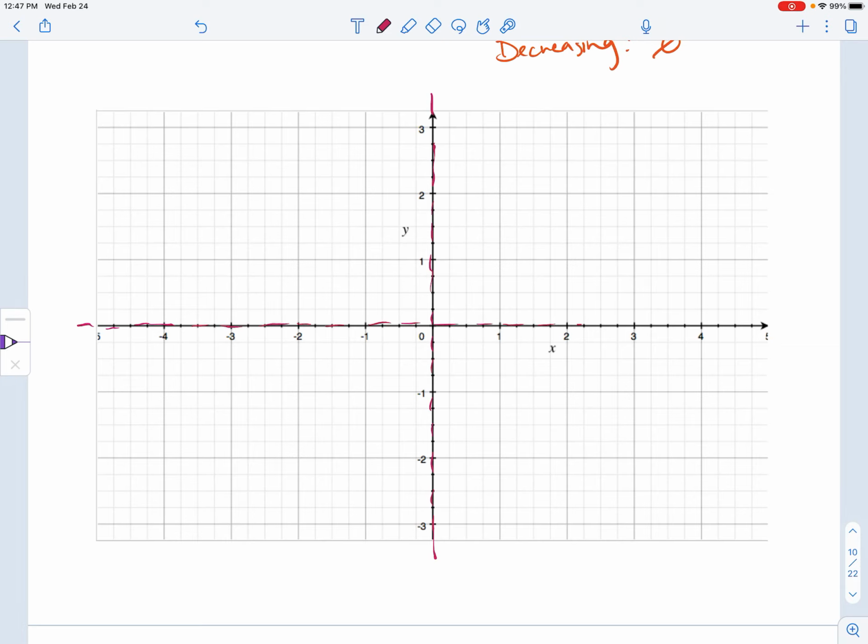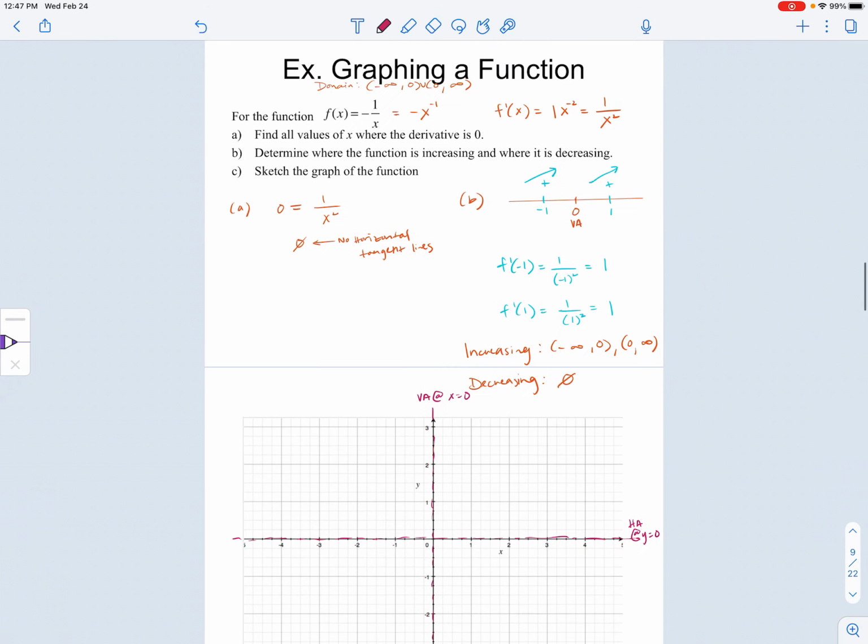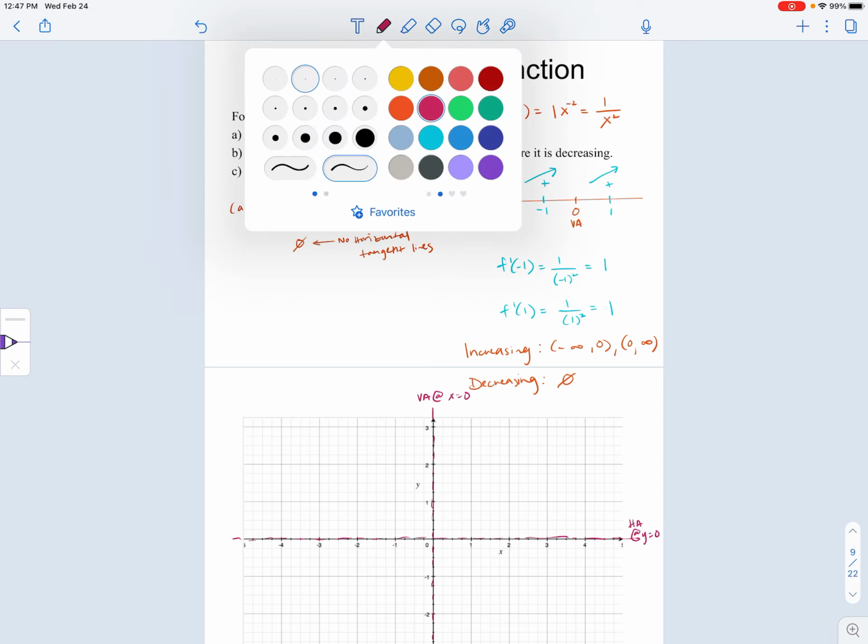The limits allowed us to determine some characteristics about functions, like end behavior and points of discontinuity. So from all of that prior knowledge, you know there's a vertical asymptote at x equals 0, and there's a horizontal asymptote at y equals 0, because as x approaches positive and negative infinity, this function would approach 0.